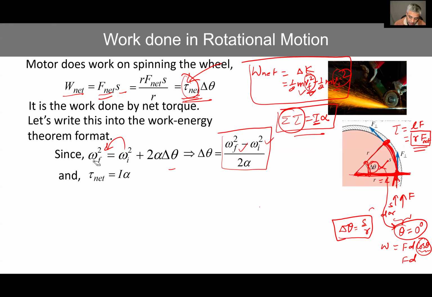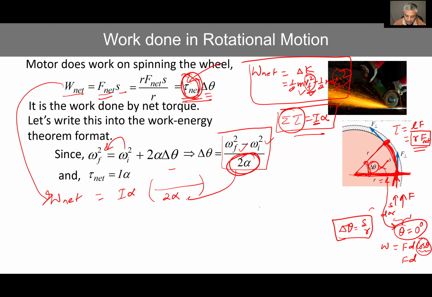So now replace this net torque. So we have this W net here. Replace this net torque by I times alpha. And then replace delta theta by this expression over there. Okay. And you can see there is 2 times alpha in the denominator over here, right?